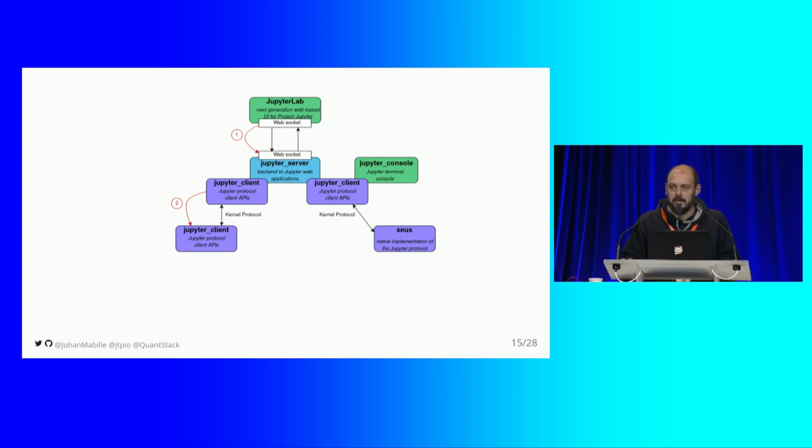Jupyter Client is a core API responsible for implementing the kernel protocol that I will detail in a few minutes. This message is serialized thanks to Jupyter Client. Then it's sent over the network, because your kernel can be local, but it could also be on a remote machine. And it will be deserialized on the other side, either by Jupyter Client for a Python kernel, for instance, or by another component, Xeus, that I will present just after.